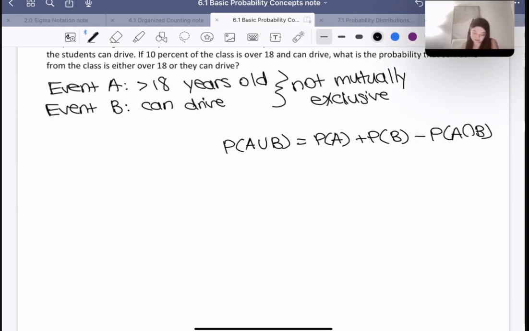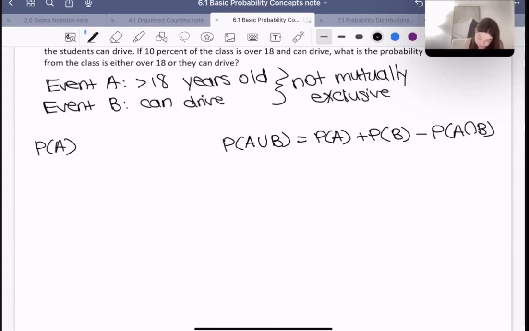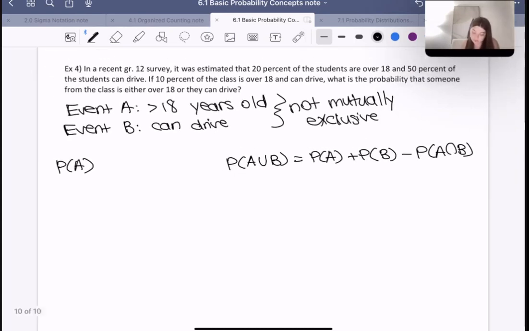Okay, so what's the probability of A? What's the probability that someone is over 18 years old? It says 20%. It was estimated that 20% of the students are over 18. So that means the probability is 0.2 if we put that into decimal form. What is the probability of event B, that a randomly selected grade 12 person can drive?